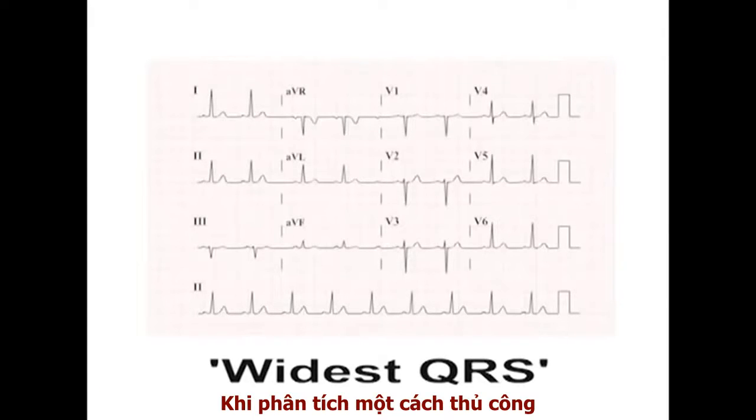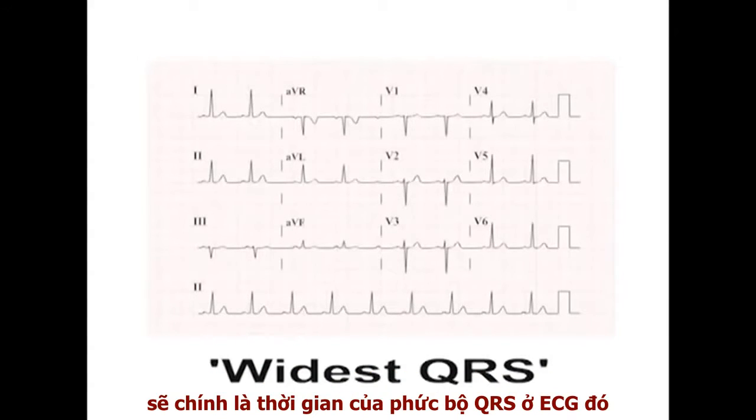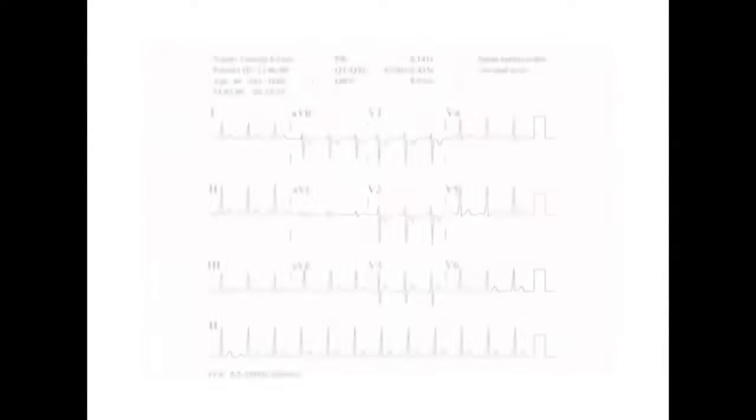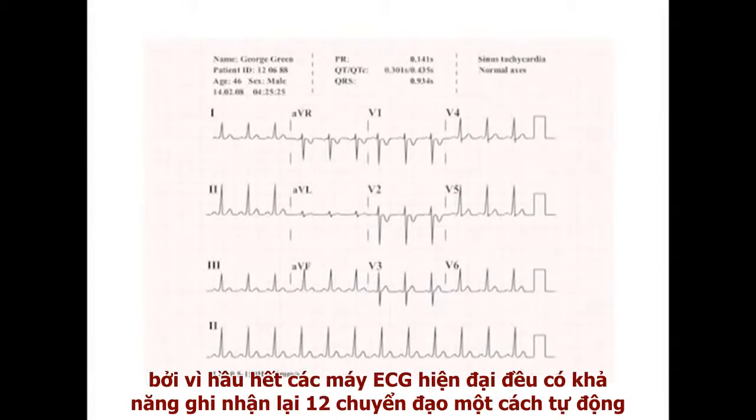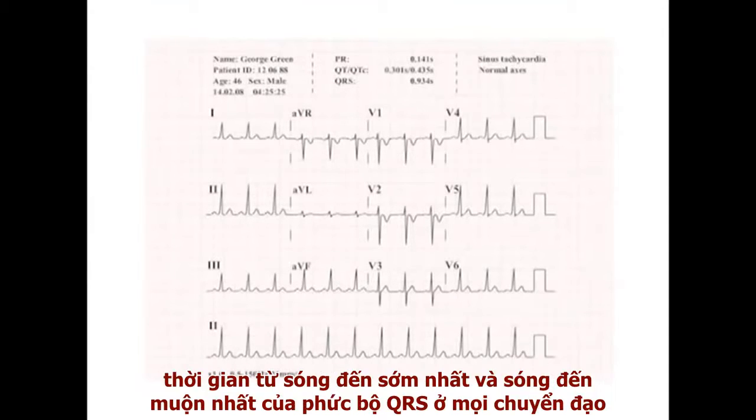When analysed manually, the width of the QRS complexes in the lead with the widest complexes defines the QRS duration on the ECG. We use the term manually as most modern digital ECG machines are capable of recording all 12 leads simultaneously and use computer programs to identify the times of the earliest and latest deflections of the QRS complexes in all leads.